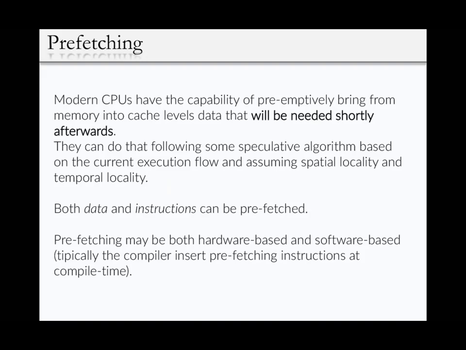Basically you can ask your CPU to preload, because you know that in 10 minutes you would like to have the coffee, so you want to be sure that the coffee is ready, so you call your friend to put the mocha on. Exactly the same. So there are techniques for this.